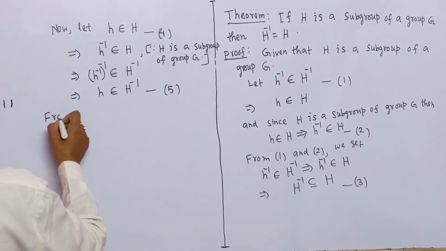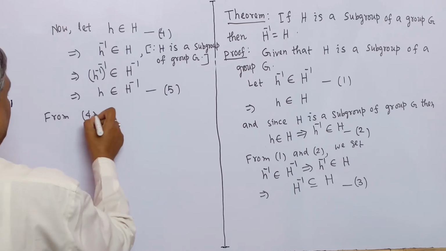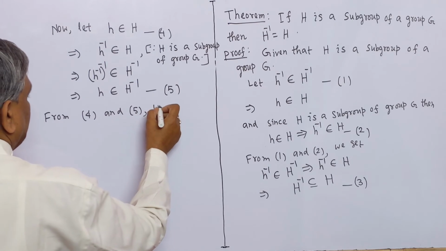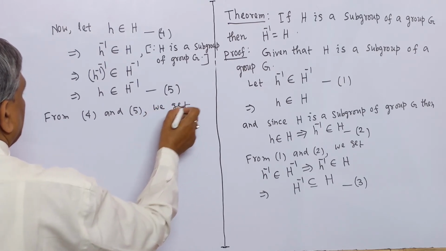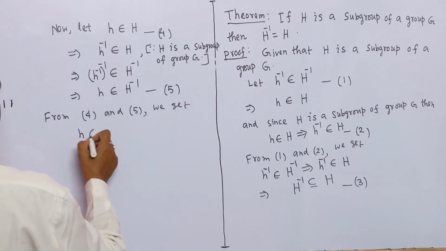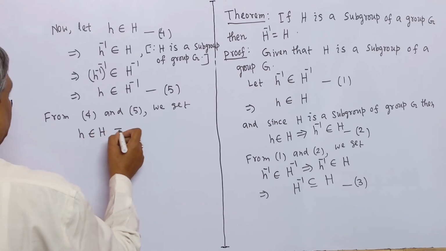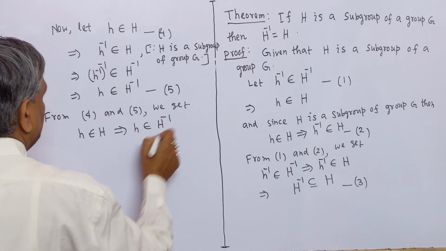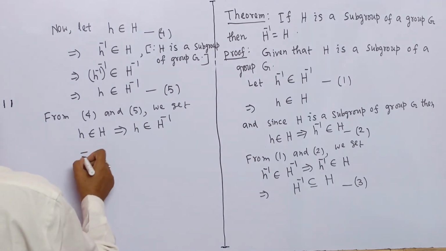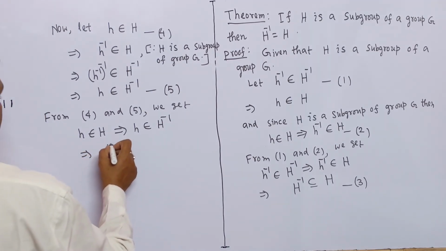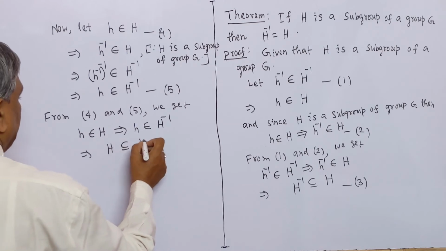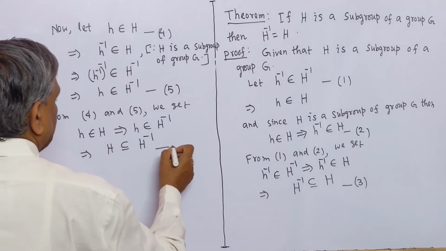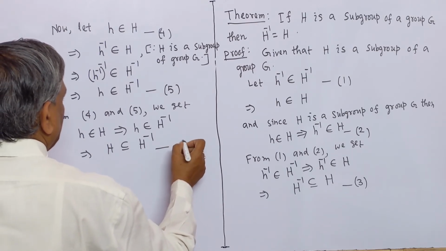From 4 and 5 we get, small h belongs to capital H implies that small h belongs to capital H inverse, implies that H is a subset of H inverse. This is number 6.